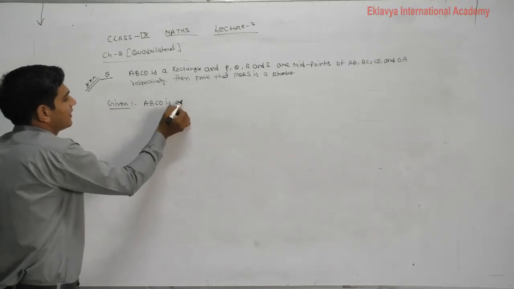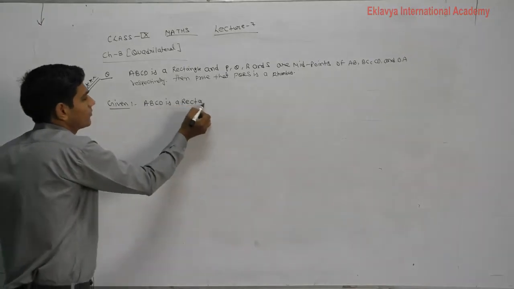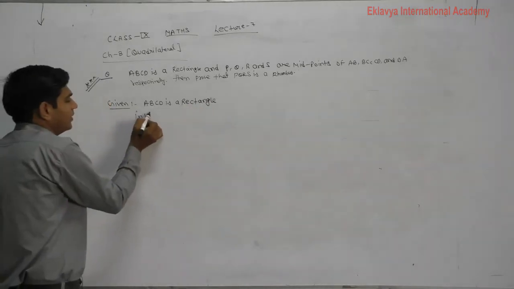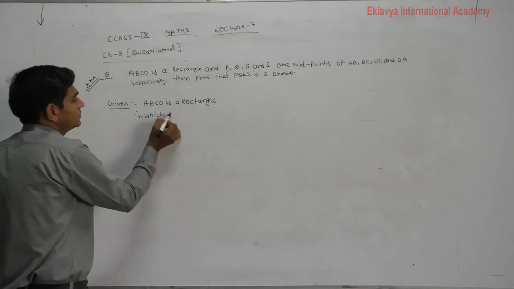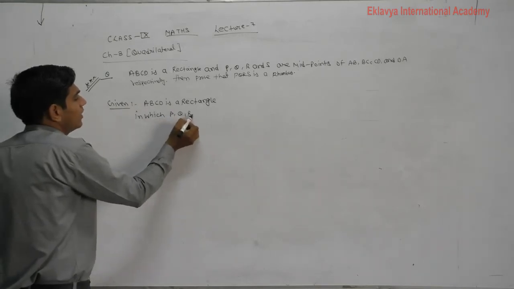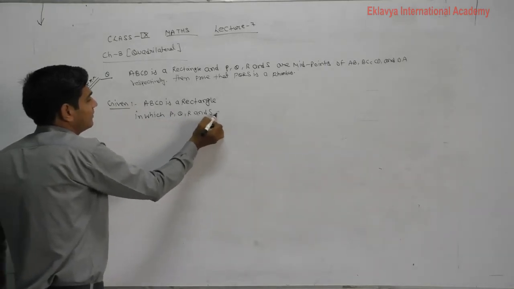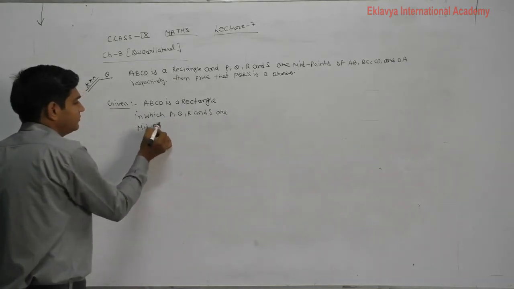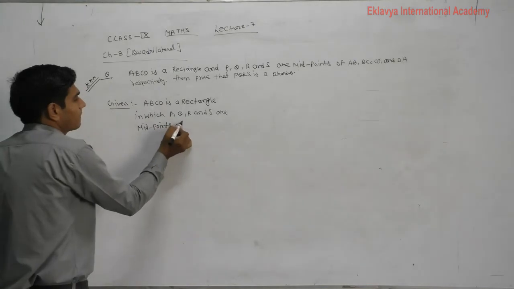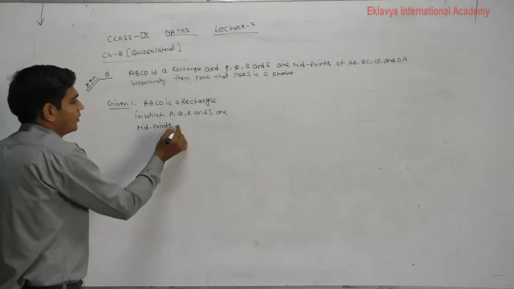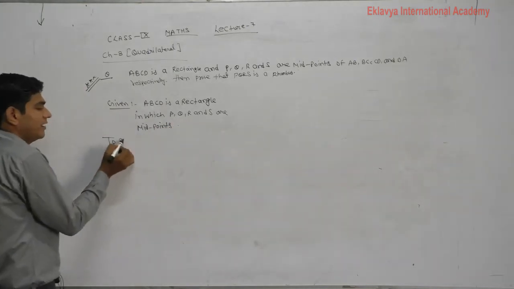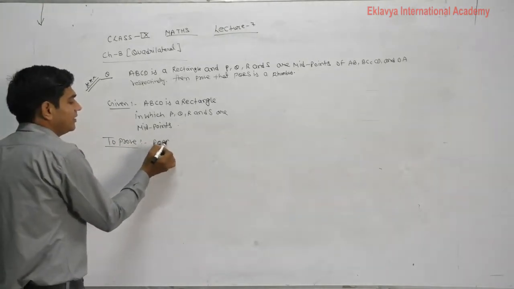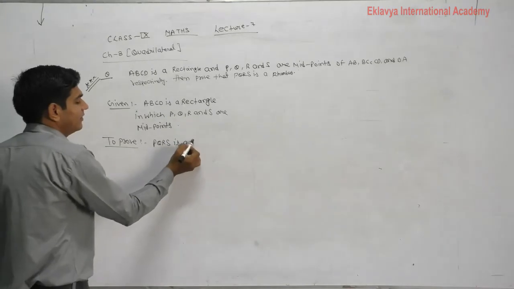ABCD is a rectangle, in which P, Q, R and S are midpoints. What we will prove here? What do you have to prove, students? PQRS is a rhombus.